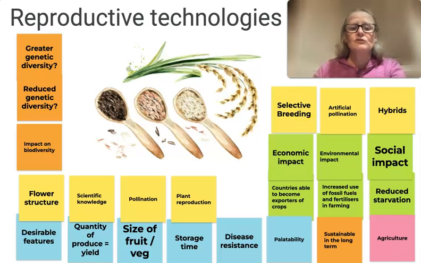And that's a good summary of all our different reproductive technologies, and not just how to do them, but also their impact on biodiversity, economics, environment, social, and also thinking about why we would do it.